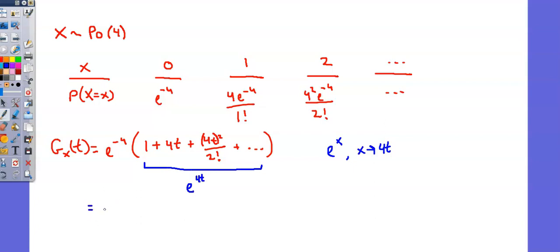And outside of the brackets, we're multiplying by e to the power of -4. e to the power of -4 times e to the power of 4t simplifies to e to the power of 4(t minus 1). The general form that we're following, I'll note up at the top, is e to the power of lambda times (t minus 1).